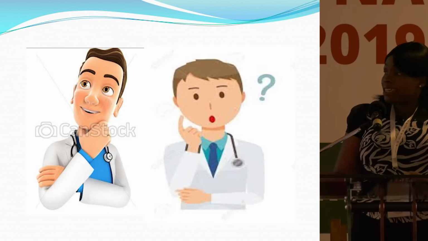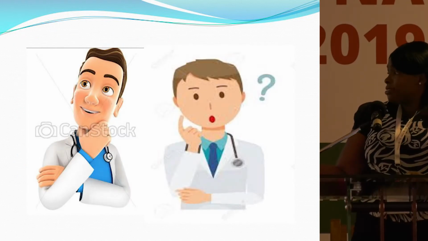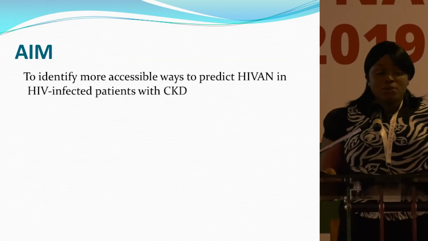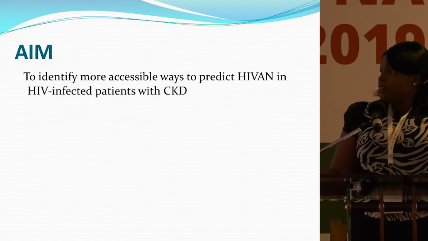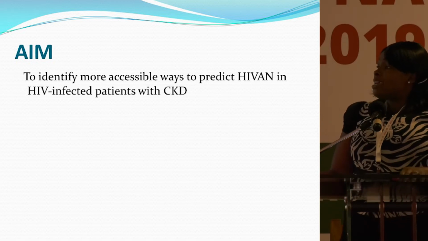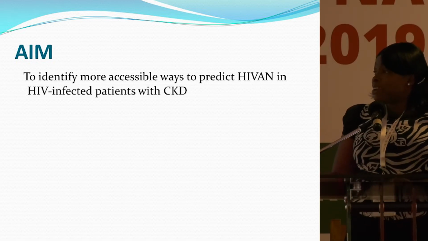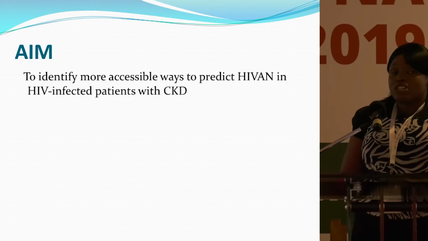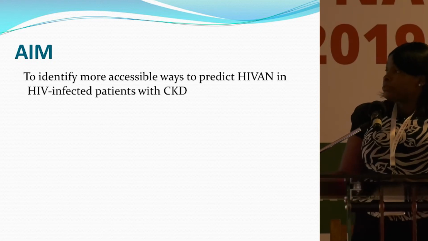But is that actually the case? So this study was aimed at identifying more accessible ways to predict HIVAN in HIV-infected patients who have chronic kidney disease.